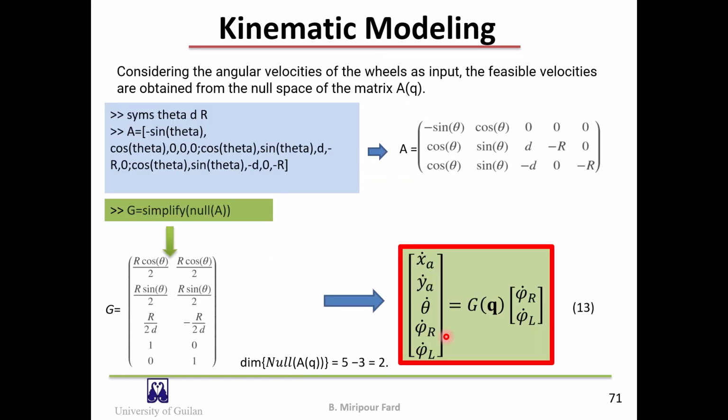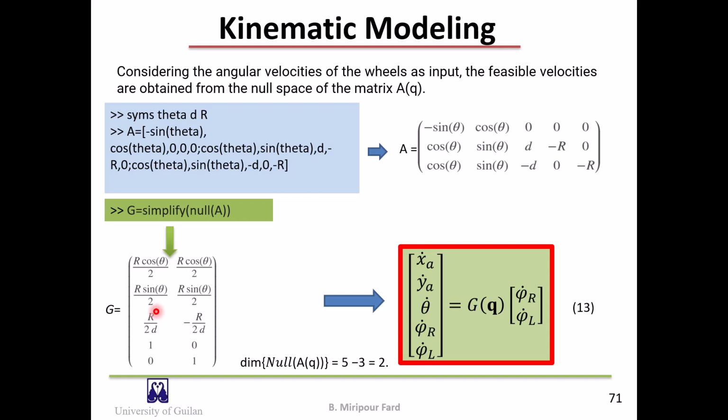Considering the angular velocity of the wheels as input, the possible velocities are obtained from the null space of the matrix A. In MATLAB, you can easily obtain the null space of the matrix with the help of the null function. If you write these commands in MATLAB, the constraint matrix will be made.